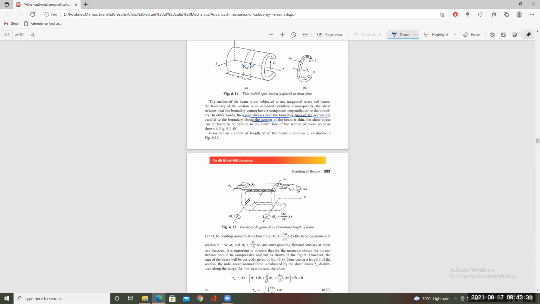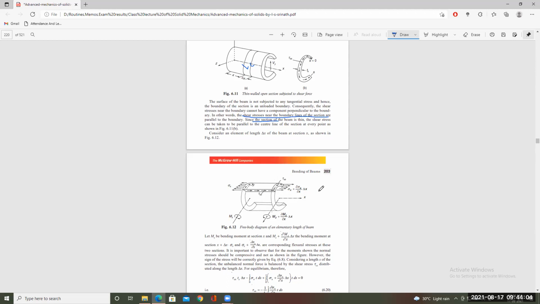This is the side of the beam like a strip, and this is the end, and this is the open end. Shear stress acts along this, and the flexural or tensile stress is acting: sigma x here, and sigma x here. In this section it is sigma x, and in this section it is sigma x plus d sigma x by dx into delta x, meaning the rate of change of sigma x with the change in section equal to delta x.